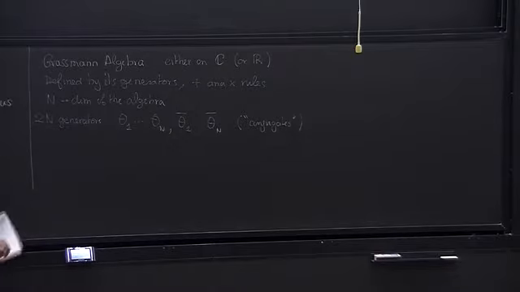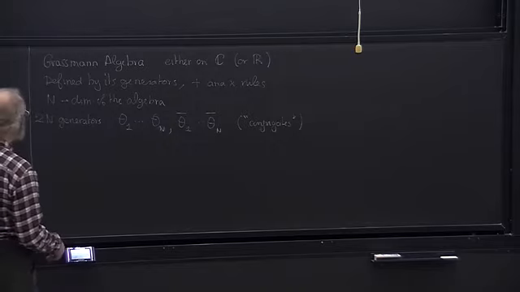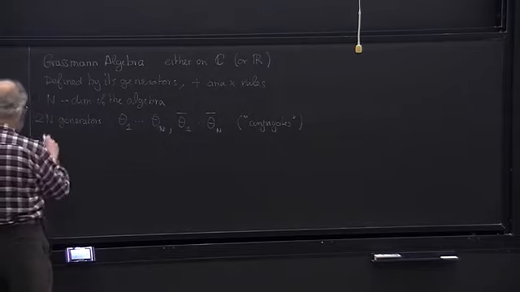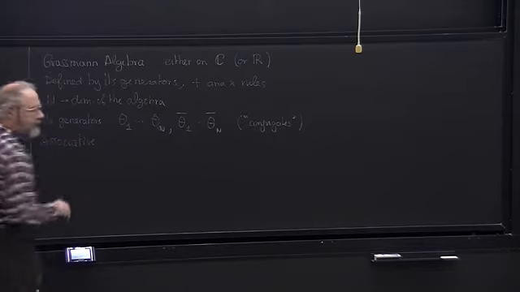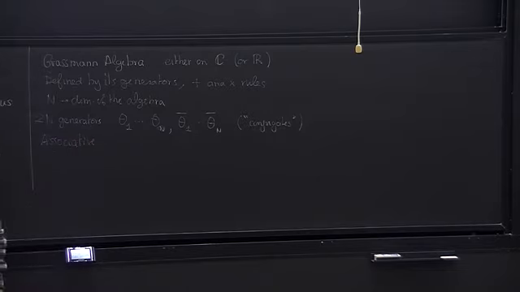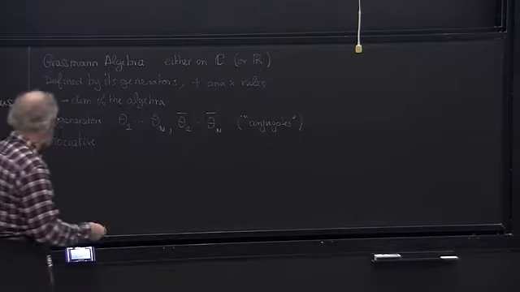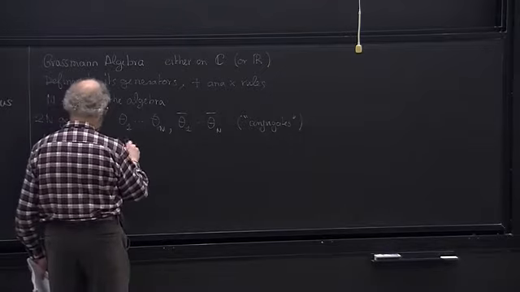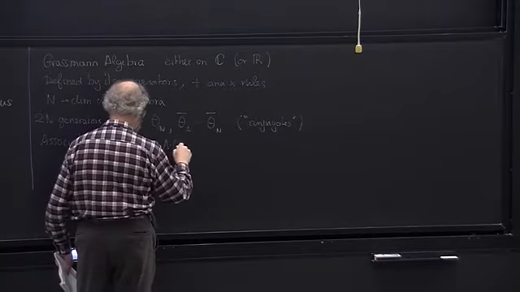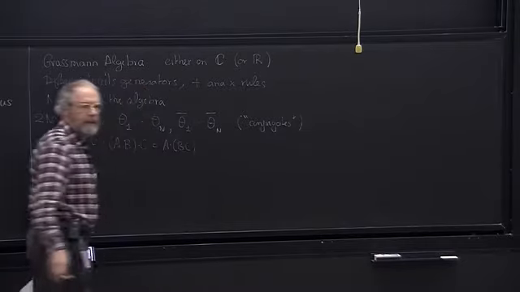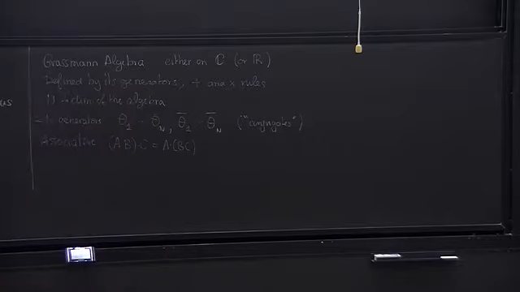First, I'm going to assume that this algebra is associative, like the algebra of matrices: if I multiply AB by C, this is the same as multiplying A by BC.